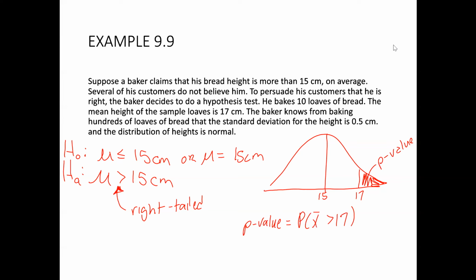What's the probability? I can use a normal distribution to figure that out, because the normal distribution finds the area under the curve for me.